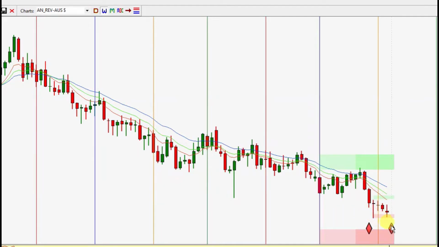If you take a look right here, you see that we have these red diamonds. Well, this red diamond here represents a time period where we should see a reversal in price direction. This is called a weekly F date. Because if you look up here, you can see we're looking at the weekly chart, and these diamonds represent an F date on our weekly F date report.